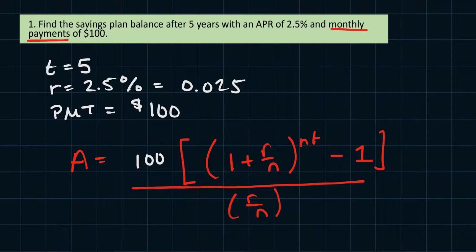R is 0.025. Remember that I said N is fixed in these problems. N is always going to be 12, so I'm going to put 12 here. T is 5, so we're going to put times 5. And then instead of R over N, we're just going to copy this piece, 0.025 divided by 12.